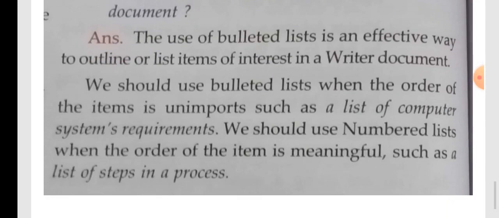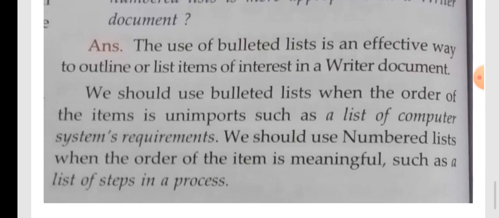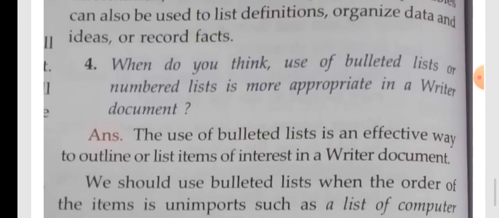We should use a numbered list when the order of the items is meaningful, such as a list of steps in a process. So there are two types of lists. First of all, these are the bulleted list and the numbered list. When items are few, in that case we use a bulleted list that shows the important items, such as the computer parts.